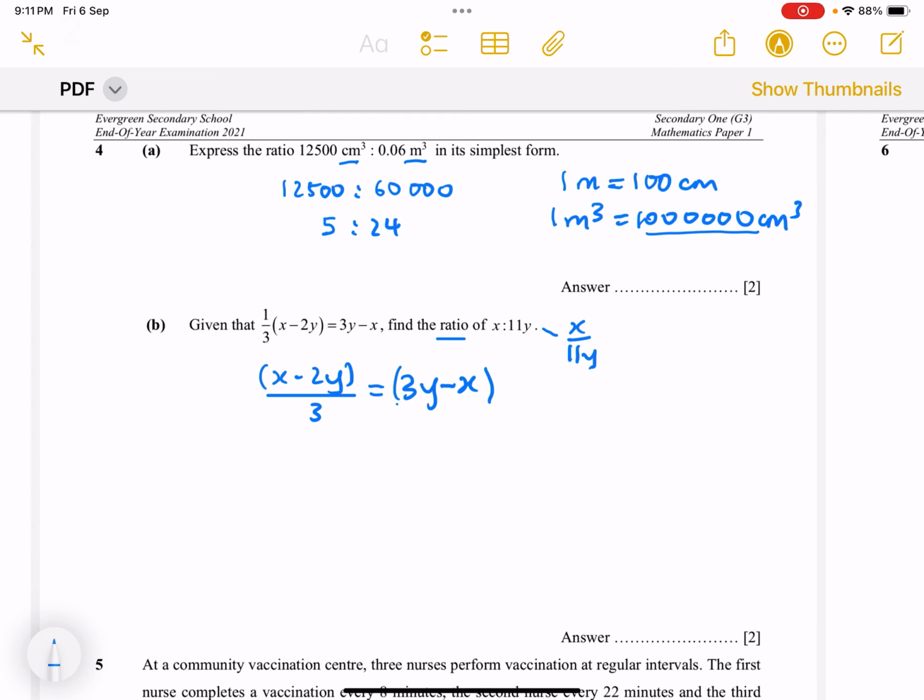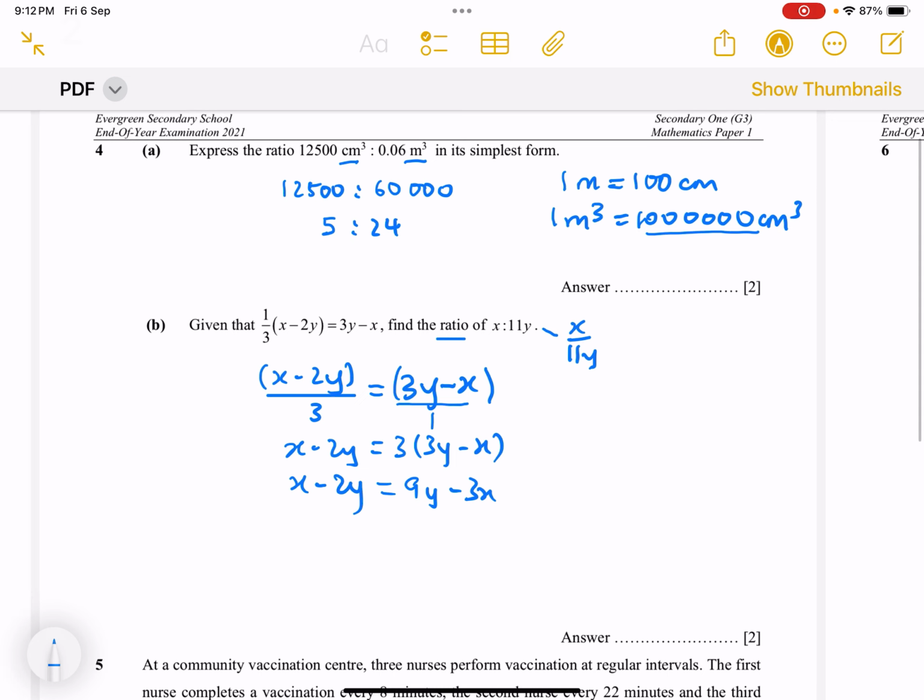Right? Now, so this one can be interpreted as over 1. So we cross multiply. So when we cross multiply, then we have x minus 2y equals 3y minus x. And that gives us 9y minus 3x.